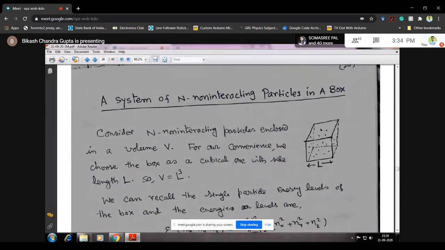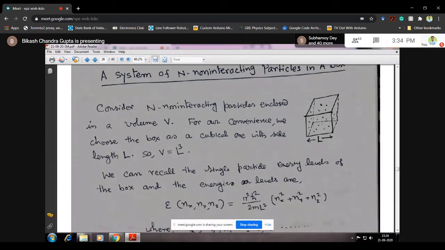Consider a cubical box, for our convenience. You can use a box of different dimensions in different directions, but for the time being, for convenience, let us consider a cubic container of side length L, which encloses the n non-interacting particles.